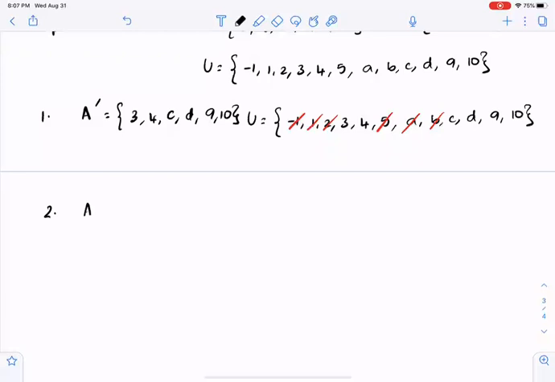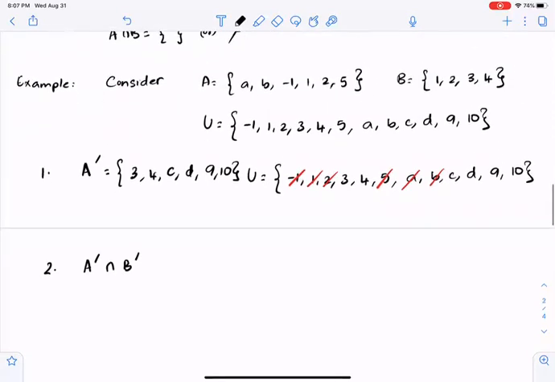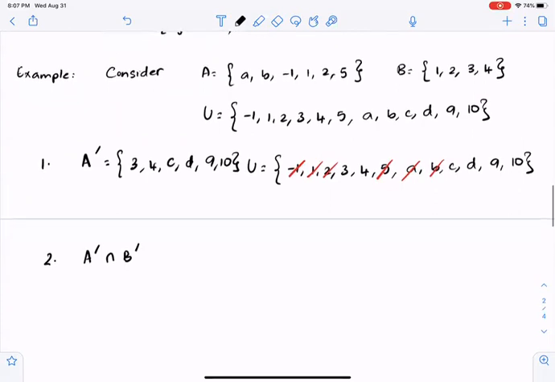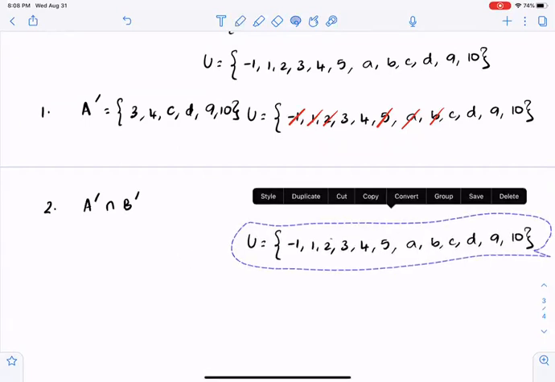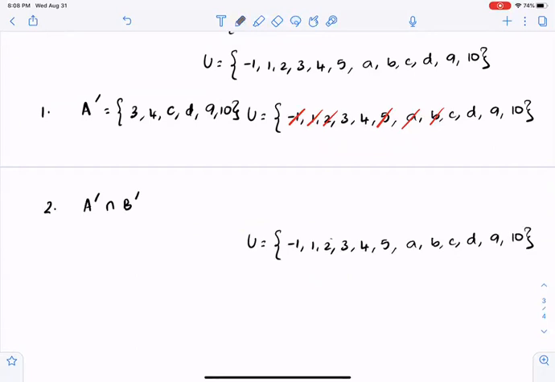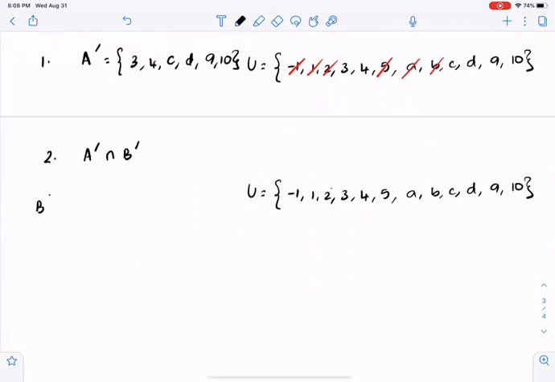Suppose I want to find A complement intersect B complement. That would mean I need to find B complement. So since I have the universal set already, I can look at the universal set and come up with the elements that would be in B complement.